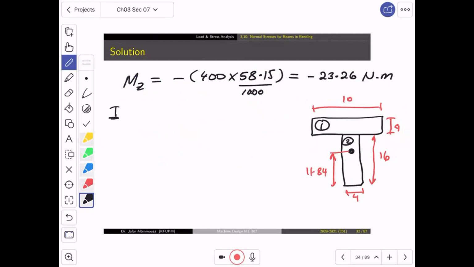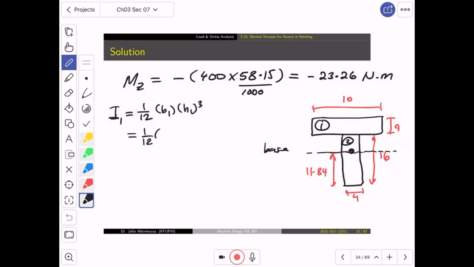I1, if you say I1, which is equal to 1/12, right? This is the centroid, this is the neutral axis, so this is the base. So if you say 1/12 B1 H1 cubed, what is B1, guys? 40. Is that true? 40.